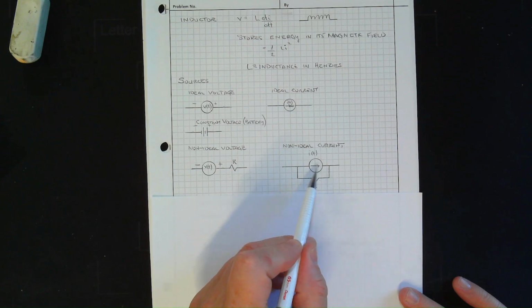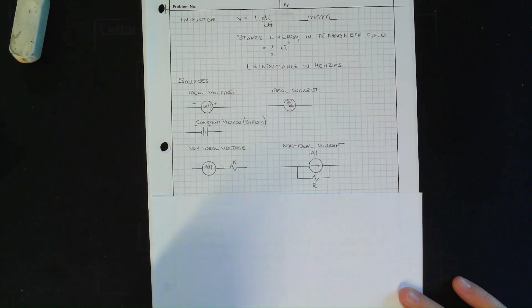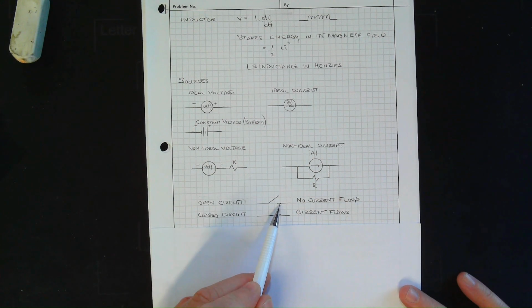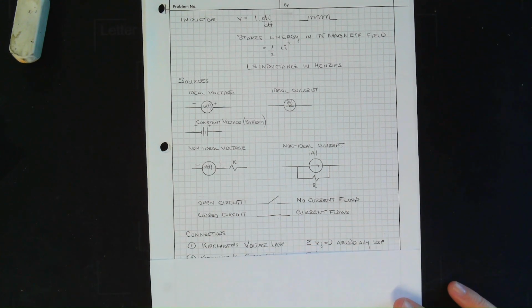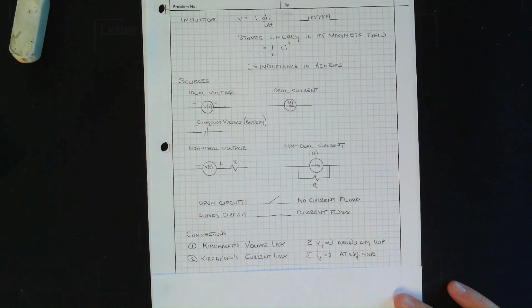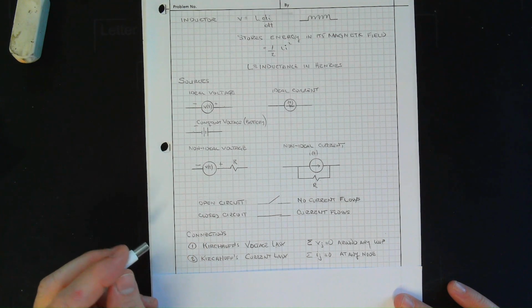Okay, so then it just releases a current, a little leaks out, you have this voltage drop, and then it comes back. We can have an open circuit. That means no current flows. A closed circuit means it does flow. There are two critical laws that are commonly used when analyzing circuits and systems.